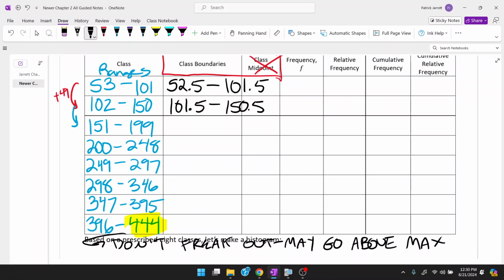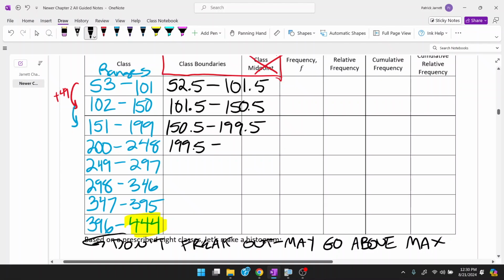So, here's what we're going to do. Let's figure out our class bounds. So yeah, 150.5 to 199.5. But see, if you notice, the boundaries just pick up where the last one left off.